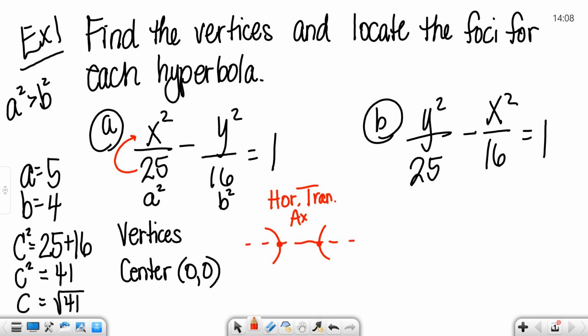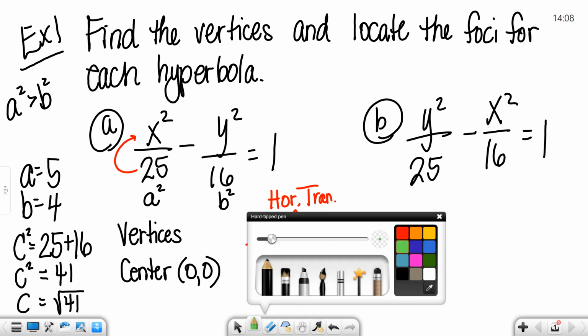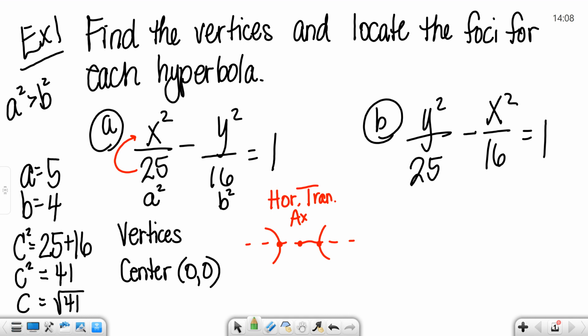So I know for sure that's what's going on because of where the a squared is located. Now that helps me know where my vertices are, because the distance from the center to the vertex is a, right? So that's left and right.